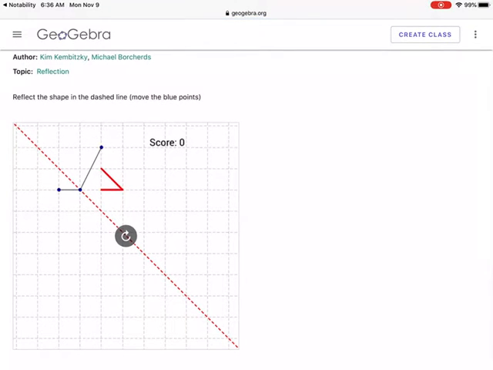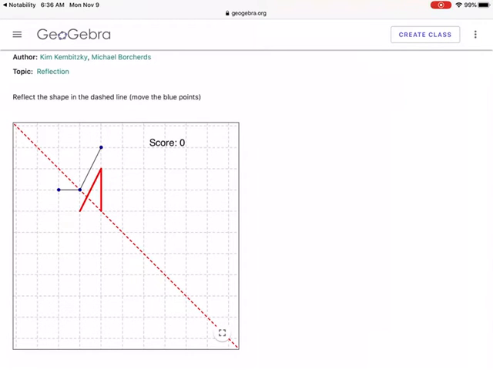So let's load this up. Okay, so what I've got to do is try to make each point here correspond to a point, however you say.